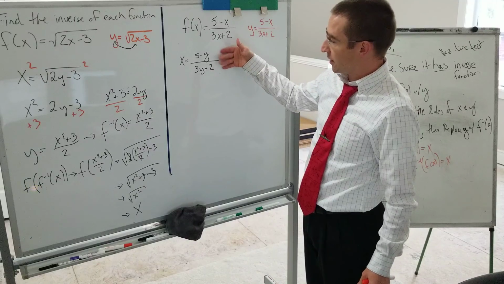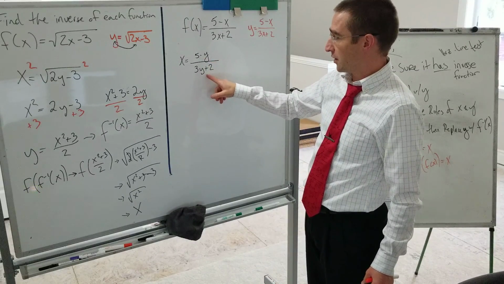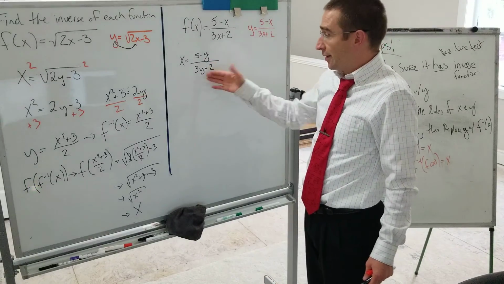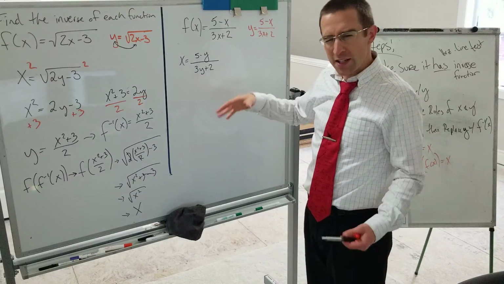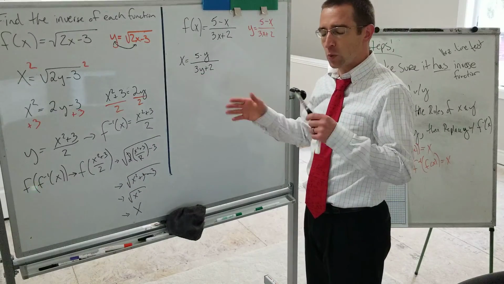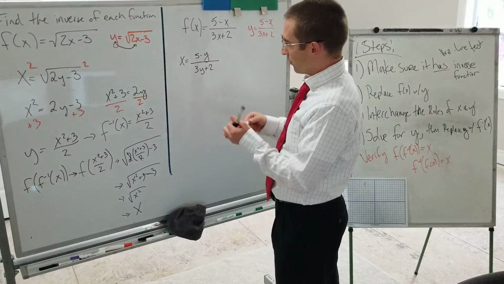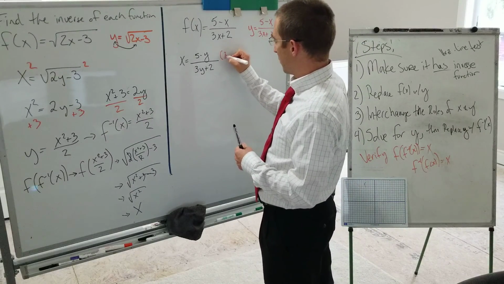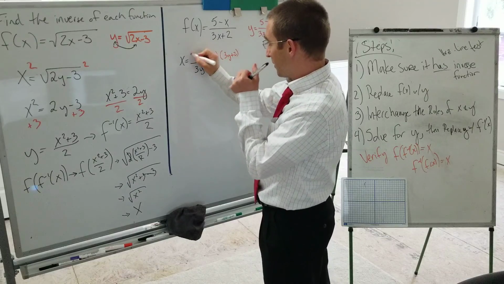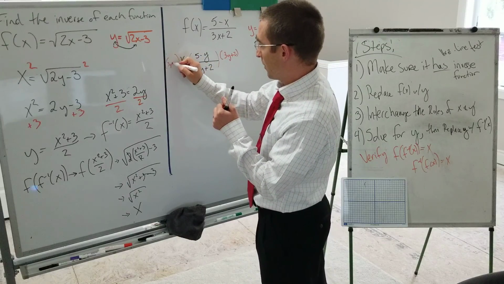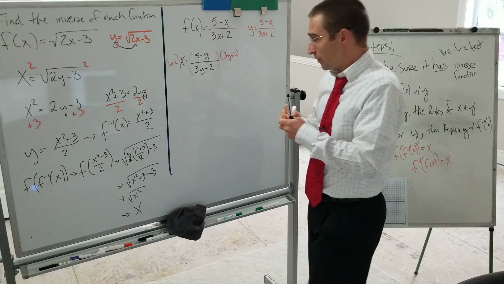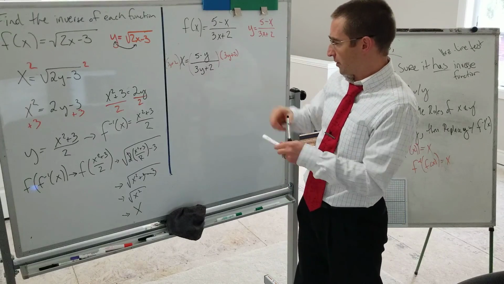We can't cancel anything here because of this subtraction and addition. So we might as well get rid of this denominator. It's easier to work with things that aren't dividing. So we're going to multiply both sides by 3y plus 2, so that it cancels out the 3y plus 2 on the denominator.